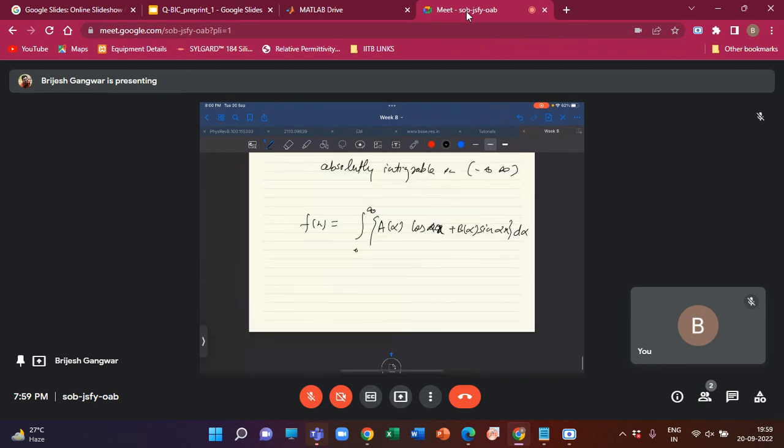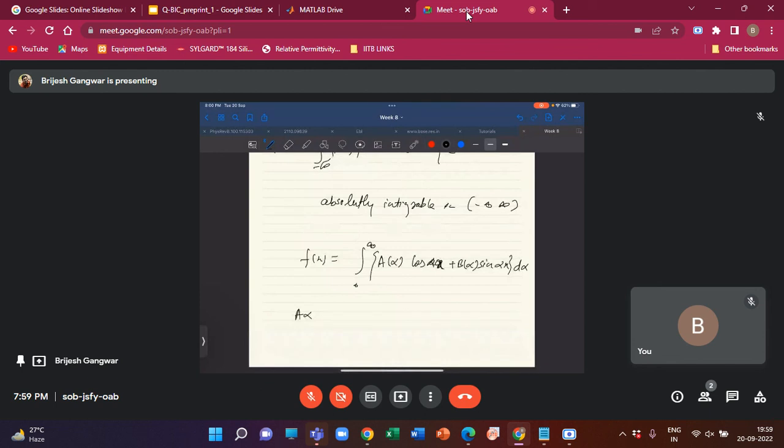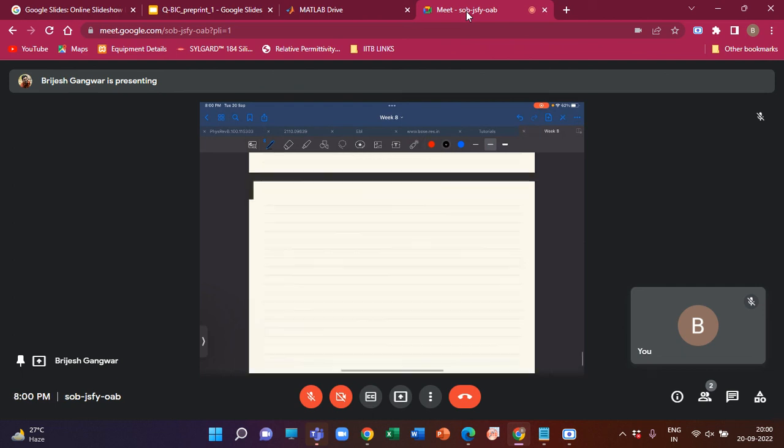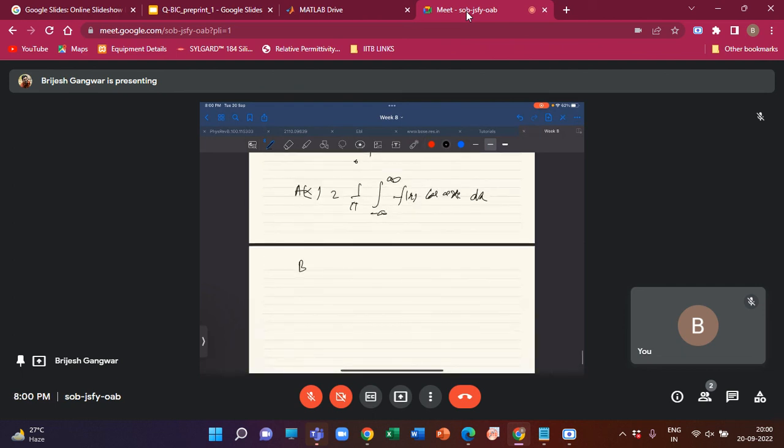Okay, so what will be the A(alpha)? This A(alpha) will be 1 upon pi integral from minus infinity to infinity f(x) cos alpha x dx. And the other coefficient B(alpha) will be 1 upon pi integral from minus infinity to infinity f(x) sin alpha x dx.